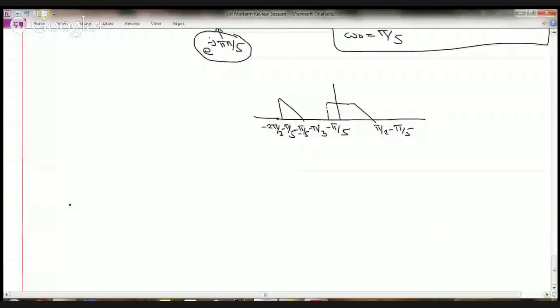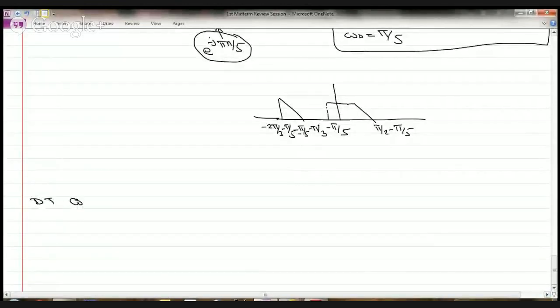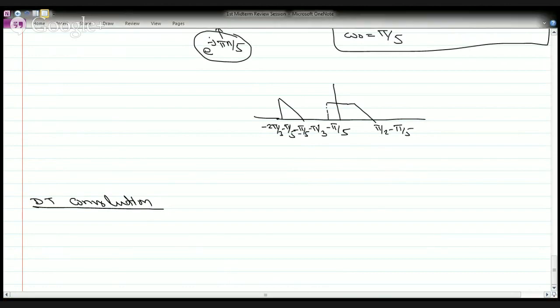One of the common things done in 345 is that you basically convolve two rectangular pulses. So it's about discrete time convolution, or maybe it's continuous time. I have to go and take a look.